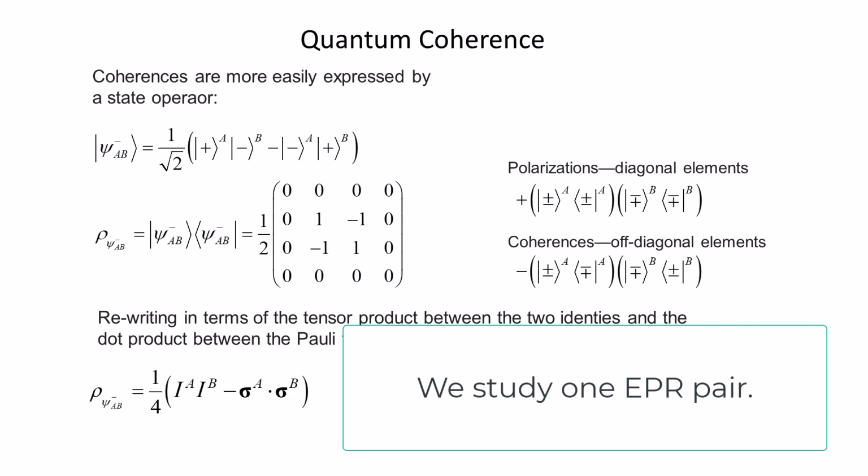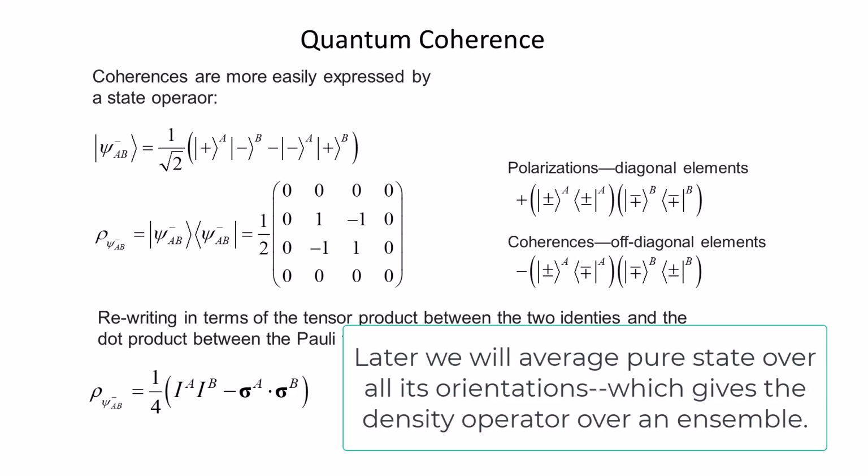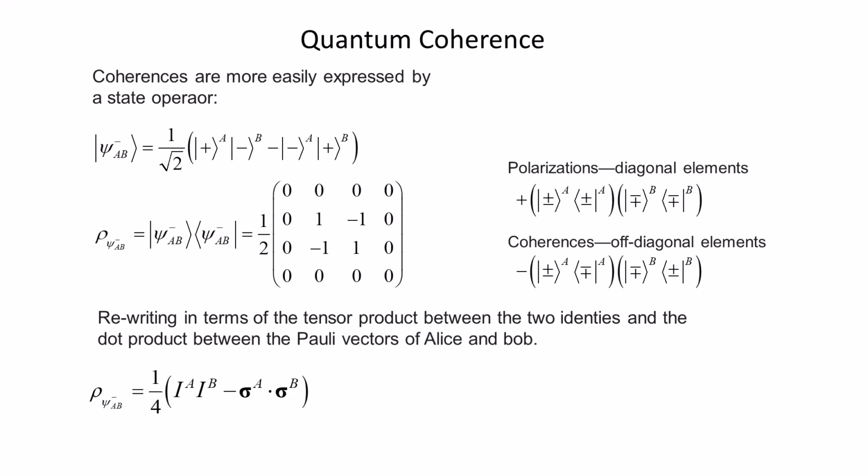Later, we will look at the correlation as a mixture of many different EPR pairs that are filtered under the same filter settings of theta A minus theta B. But for now, this state operator nicely displays both the diagonal polarization states and the off-diagonal coherent states.